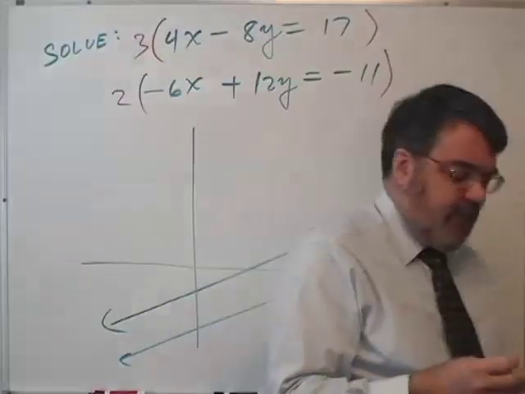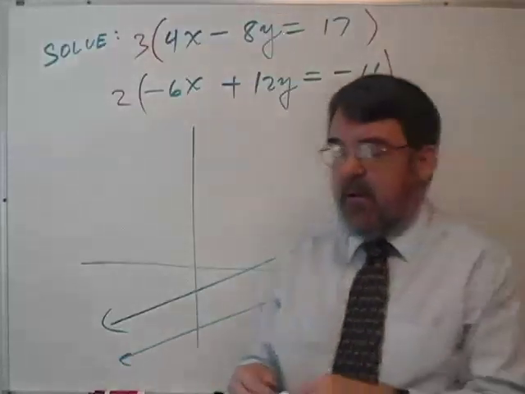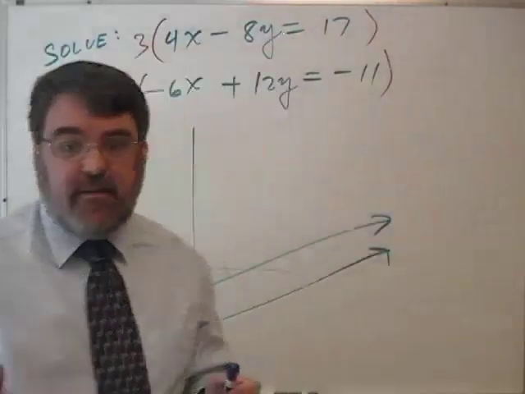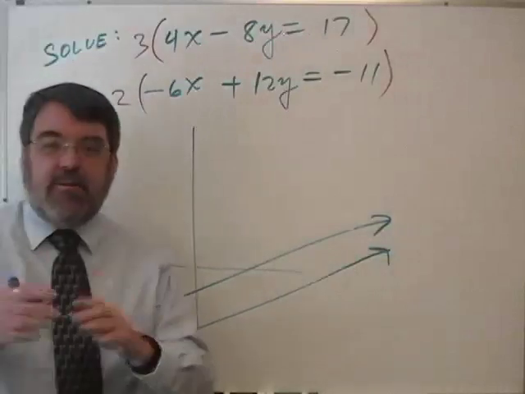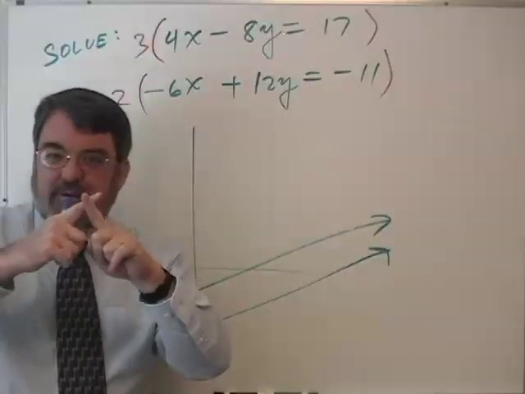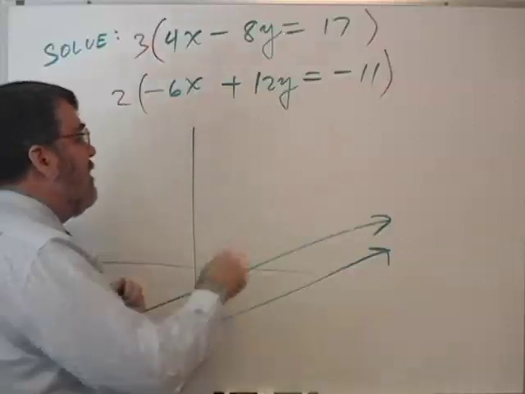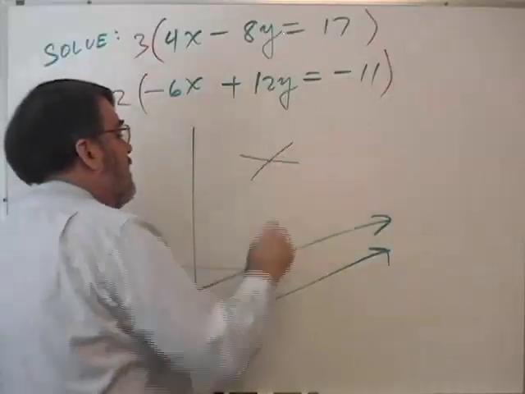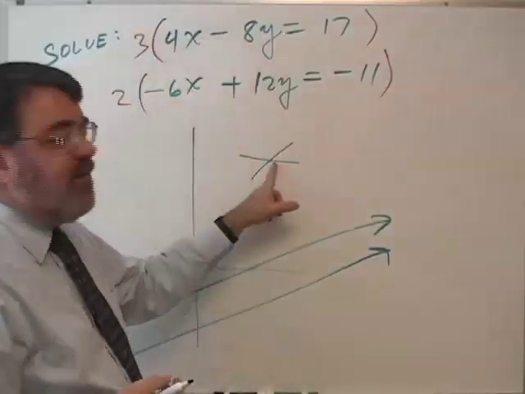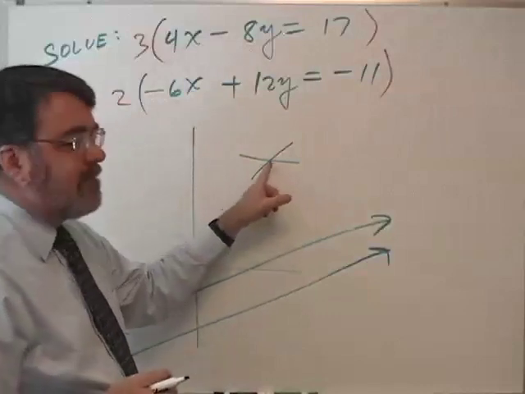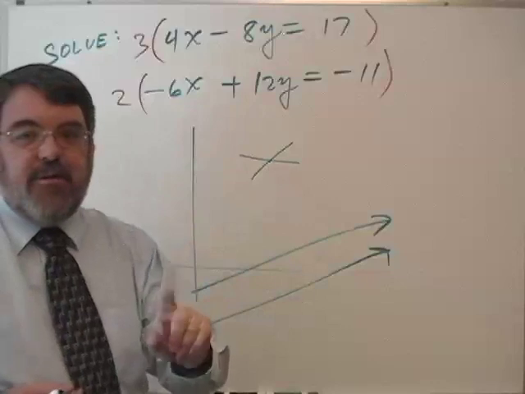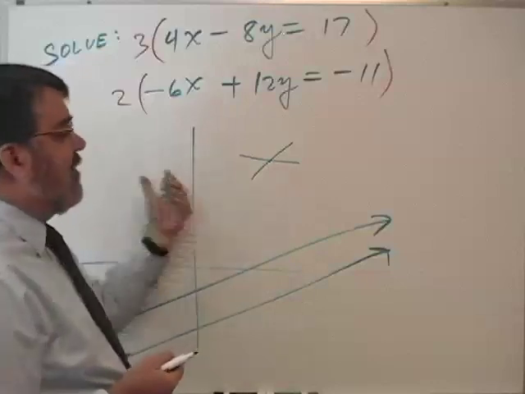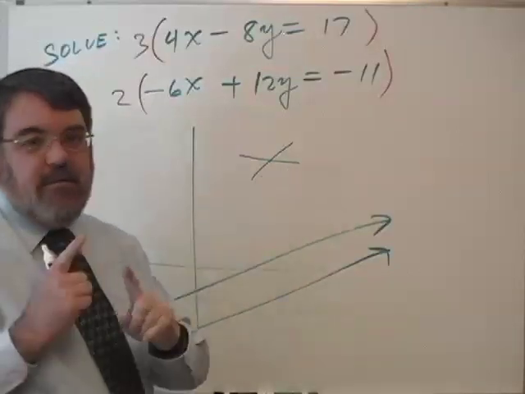And so, we've seen this before. Parallel lines do not intersect. Now, lines only intersect in one place when they do intersect, because they run straight. And so usually, in most cases, we get a single solution, because the solution is the intersection of two lines.